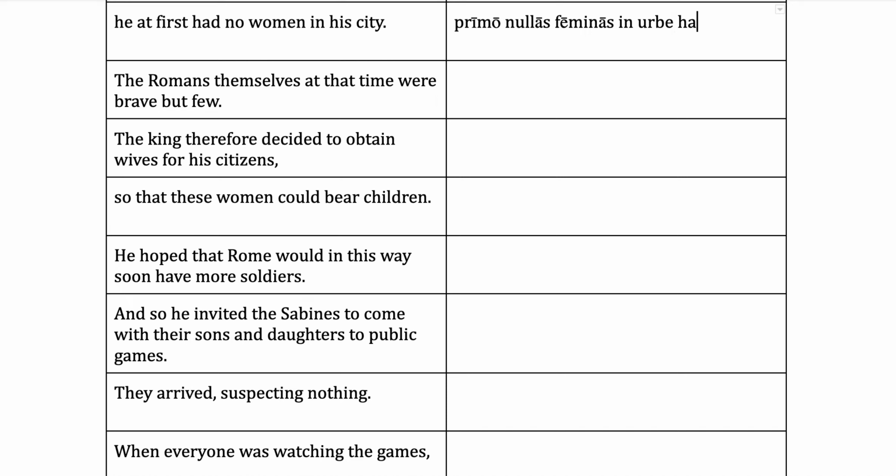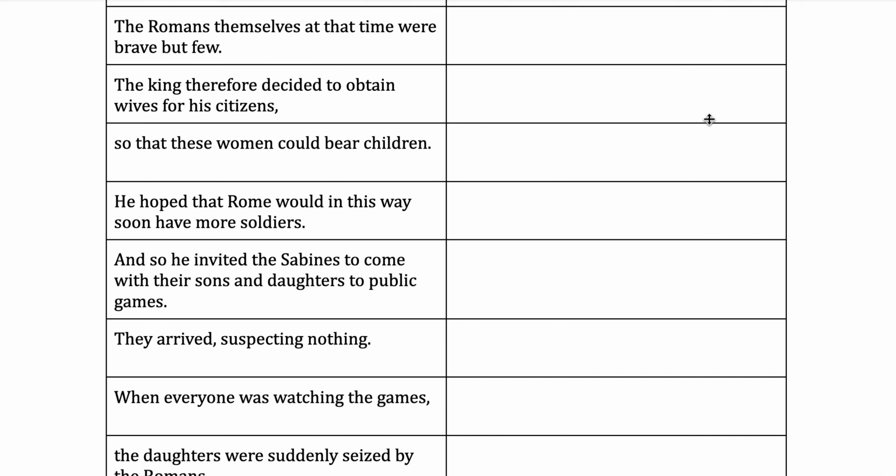So the verb is habeo, habere. And we want here the imperfect tense. So habebam, habebas, and in the third person singular, habebat. So that gives us that second clause.